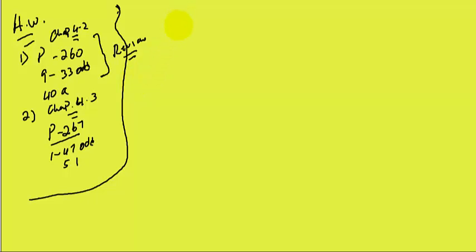So let's start with the first section, chapter 4.2. In chapter 4.2, you're given, well, let's start with problem number 10. This is 10a. Okay, and then you're given ln of a third root of c, all that over ab, and they just want you to expand that using logarithm rules.